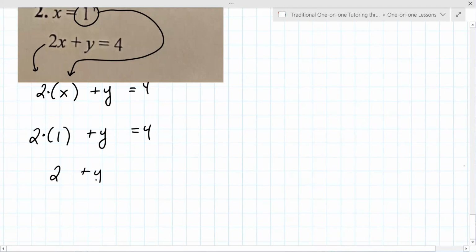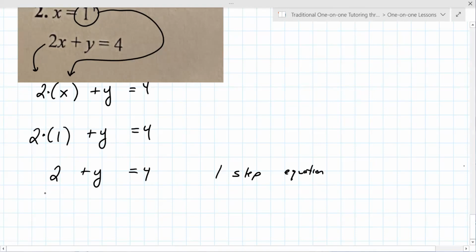Plus y equals 4. This is a one-step equation. That means there's only one math step to solve. How do you undo this 2 right here? Because we really want to get y by itself.